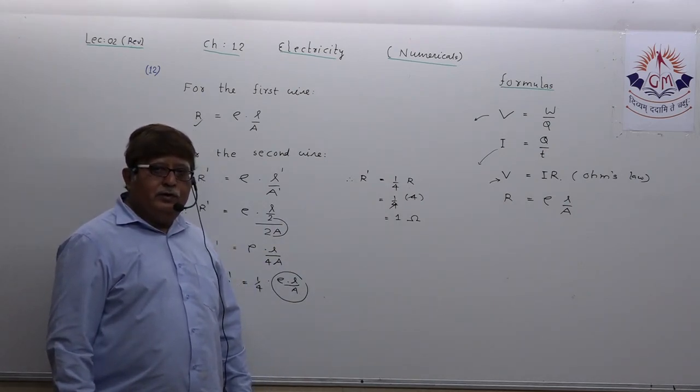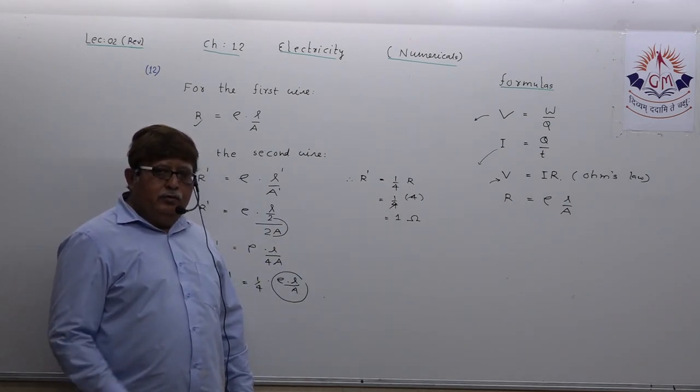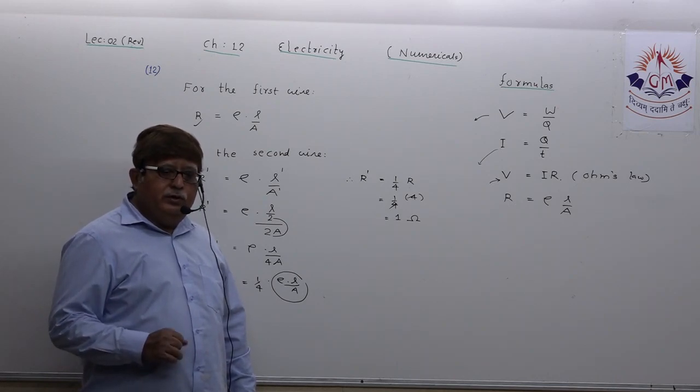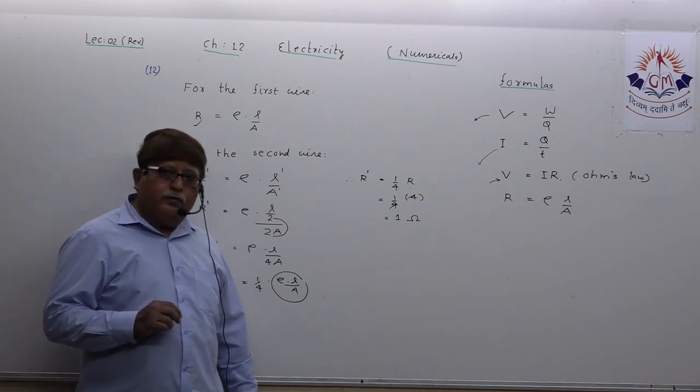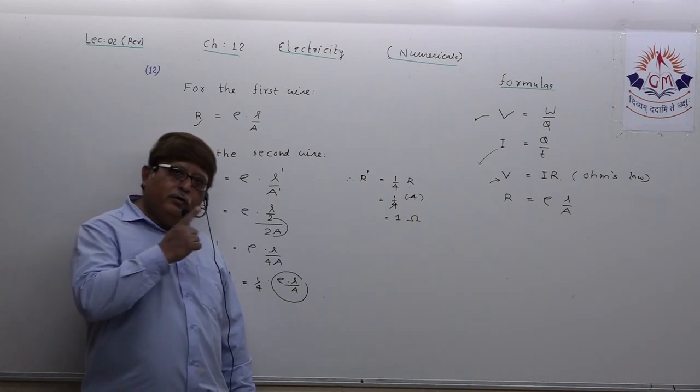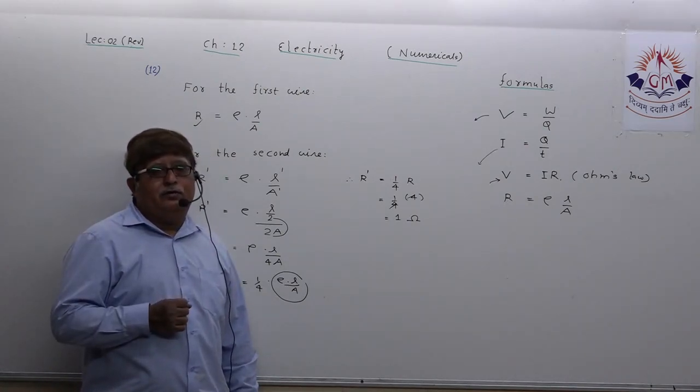You understood the MCQ? New resistance will be 1/4 of the original resistance.